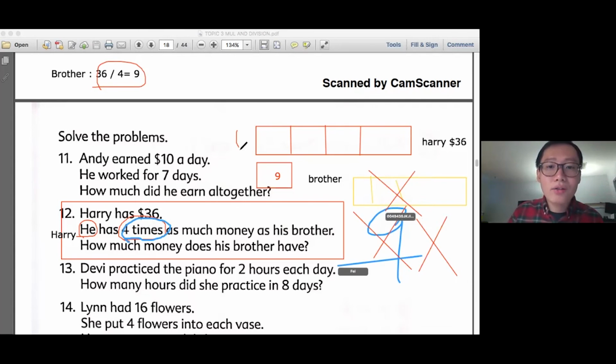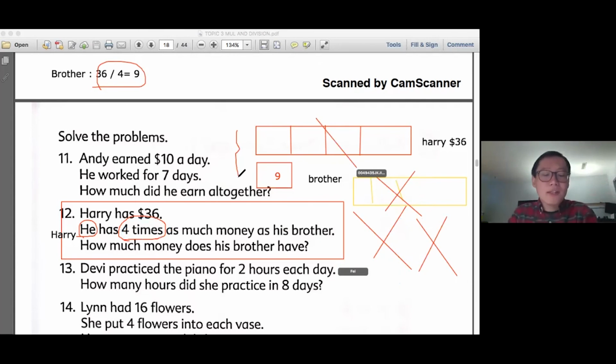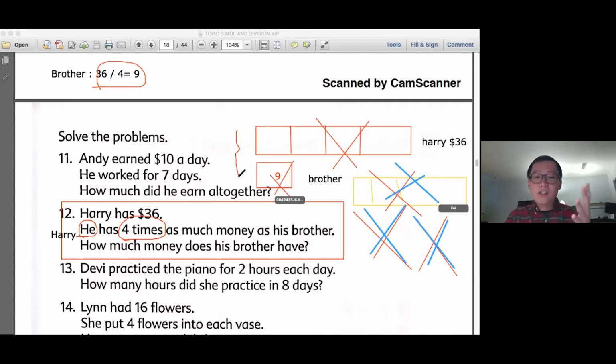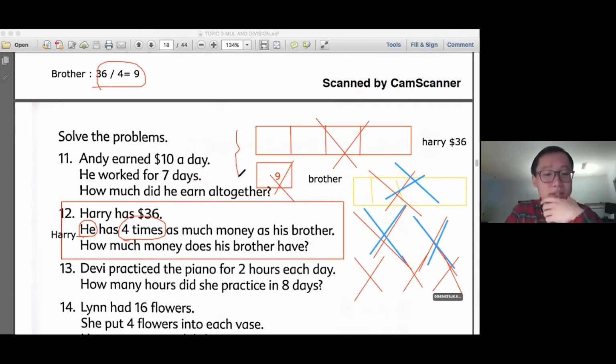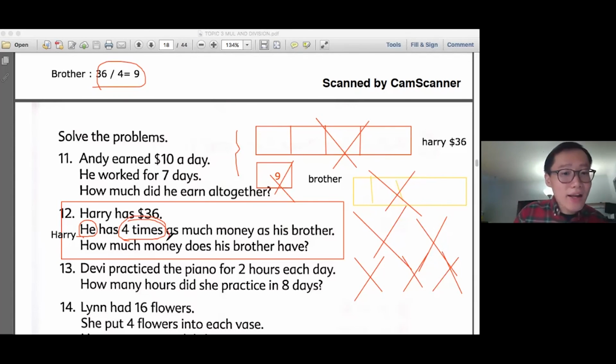If you use model drawing, it's much easier to see that his brother actually has a quarter of the money. So model drawing helps you understand the question better. Again, just because it says 4 times doesn't mean we have to use multiplication, right?